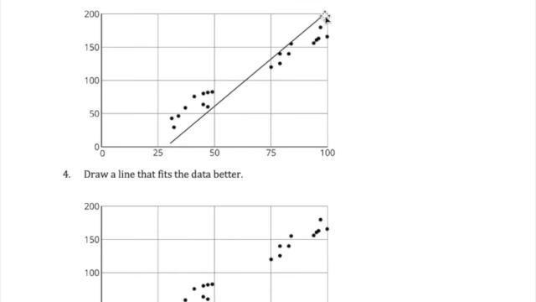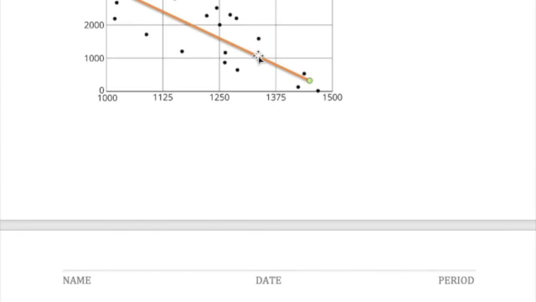Again, here, does this line fit the data well? Well, maybe on first glance it does because I've got a bunch above and a bunch below. But remember what I said before about it being a little bit skewed.